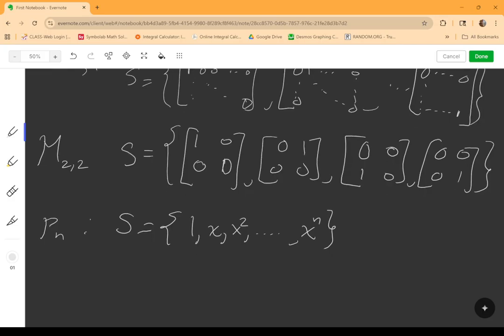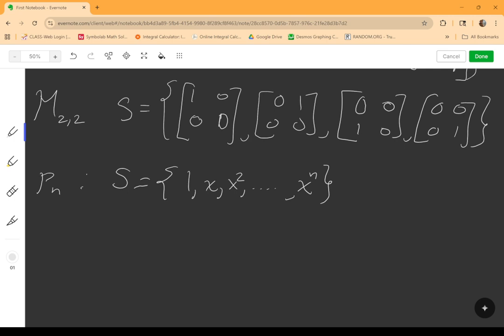For P_4, for example, what that would look like would be 1, x, x squared, x cubed, x to the fourth.